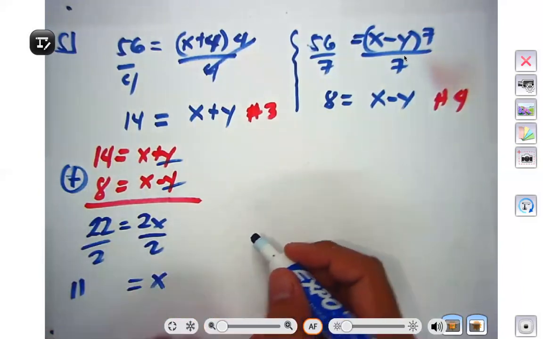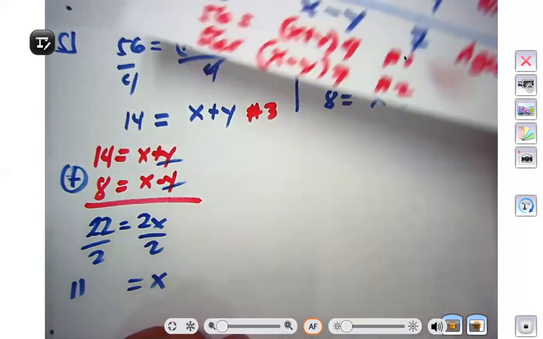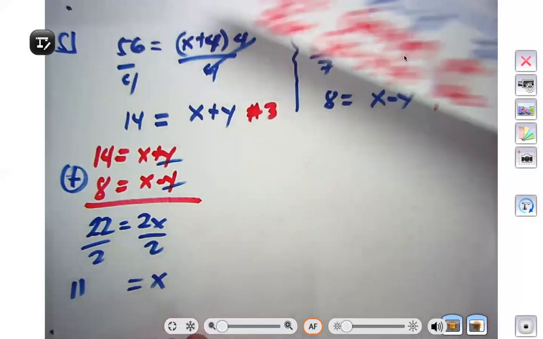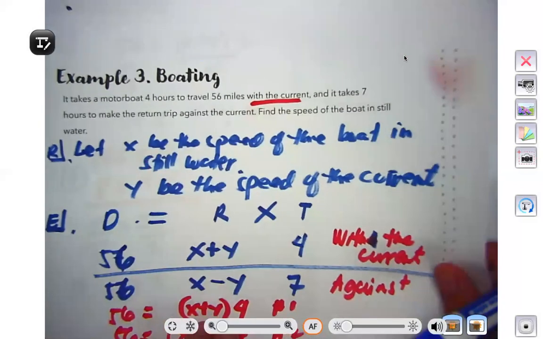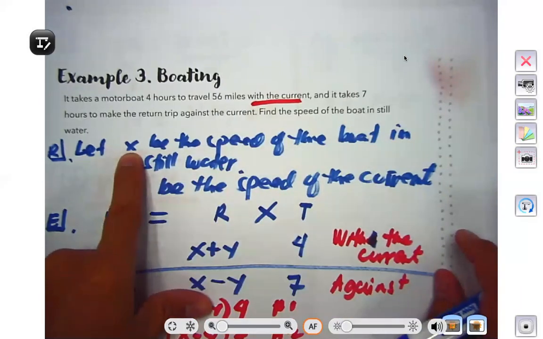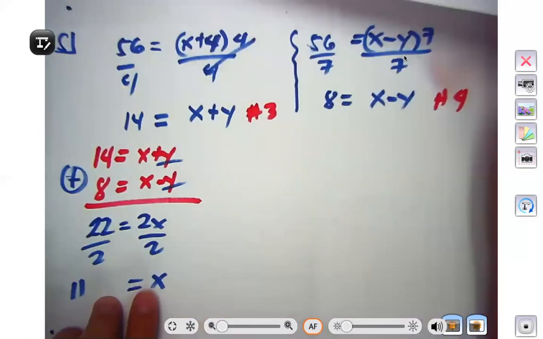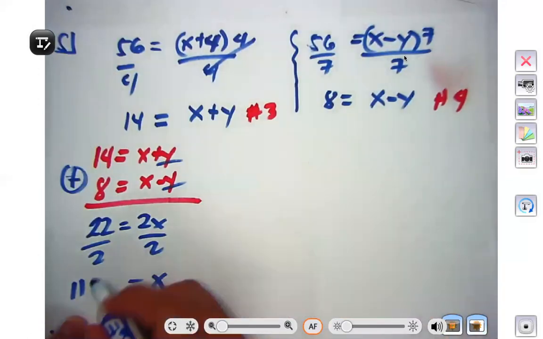And what can this do to our problem? It says find the speed of the boat in still water. Now let's go back. We represented the speed of the boat in still water as x. So did we find x yet? Yes, we already found it. And that's 11 miles per hour.